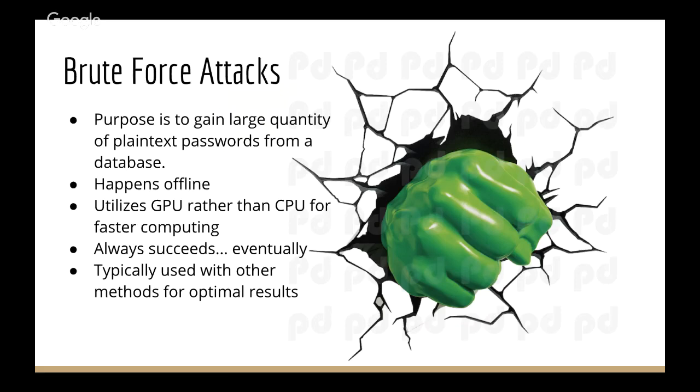The first method that we think, and we say we think because Dollar Shave Club probably wisely didn't publish their discoveries on any method used to break into their system. Once password database information was gained from their system, the attackers likely tried a brute force attack, the purpose of which is to gain a large quantity of plain text passwords.